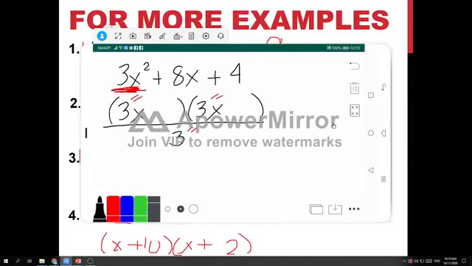Now, after writing that, the sign of the factors. So, take note, the given is plus plus. So, the sign of my factors is also plus plus. So, next thing to do, multiply the constants or the coefficient of the first and the last term. Multiply 3 and 4, you'll get 12.